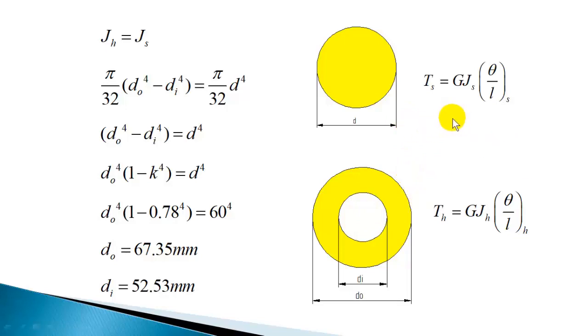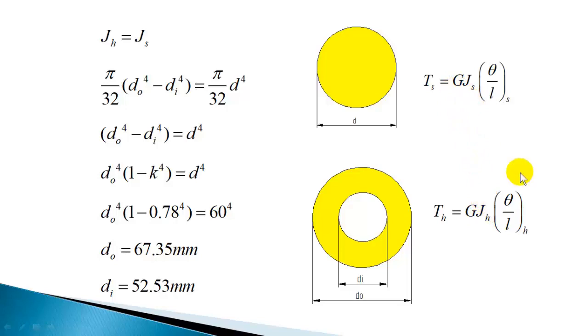Now the torsional rigidity will be the same, that is the GJ value of both the shafts will be the same, because the replacement is done for the same material, so it only depends on the J values.